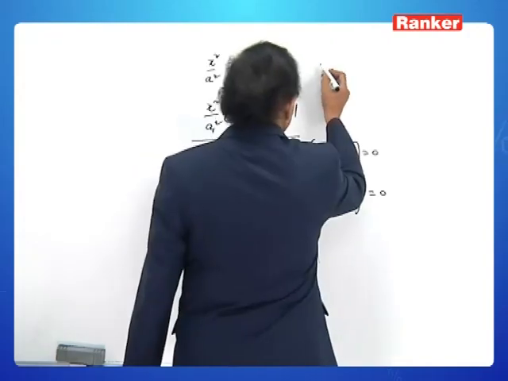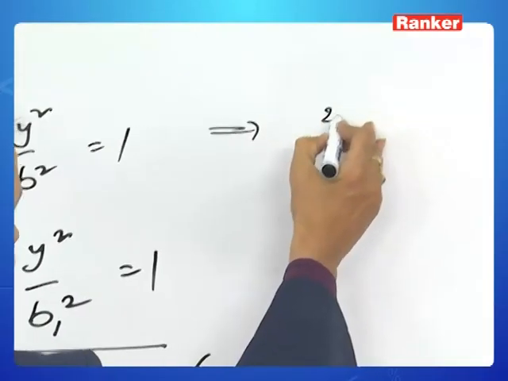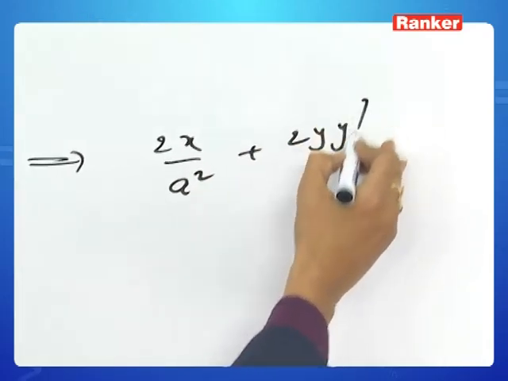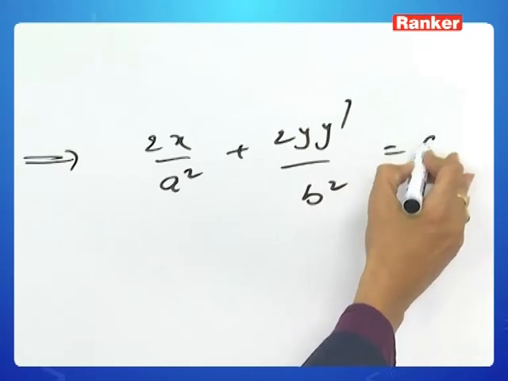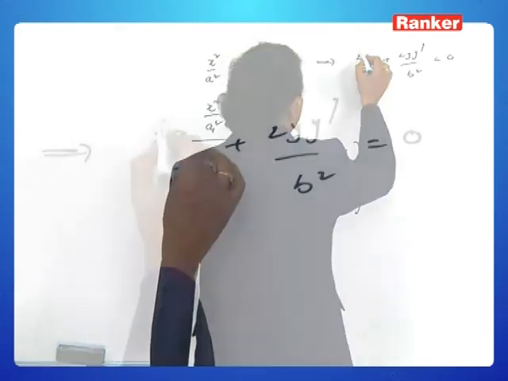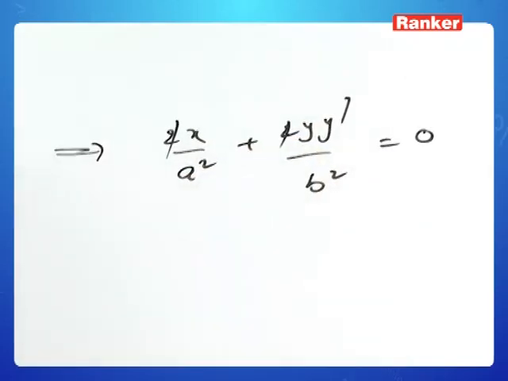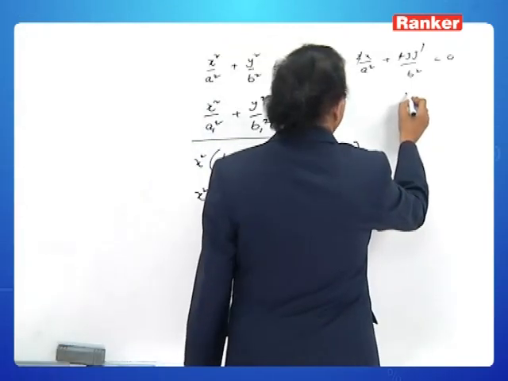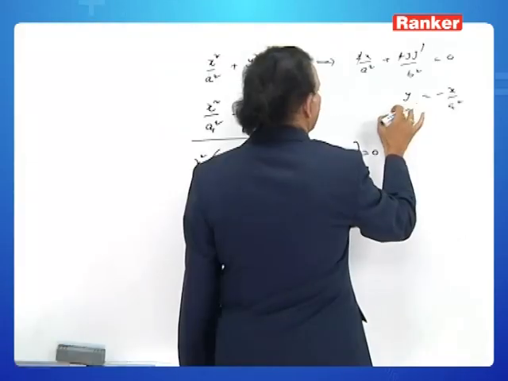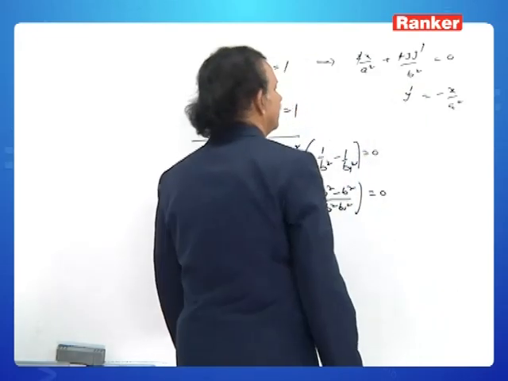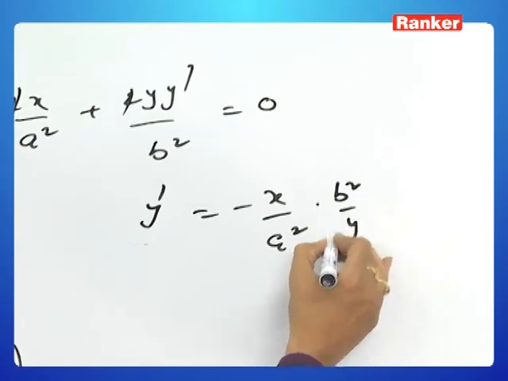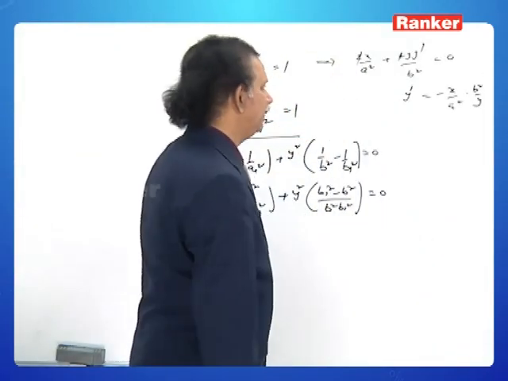First of all, from this equation, what can you say? 2x by a squared plus 2y y dash by b squared is equal to 0. Isn't it? Okay, 2 will automatically be cancelled. So y dash is equal to minus x by a squared into b squared by y.